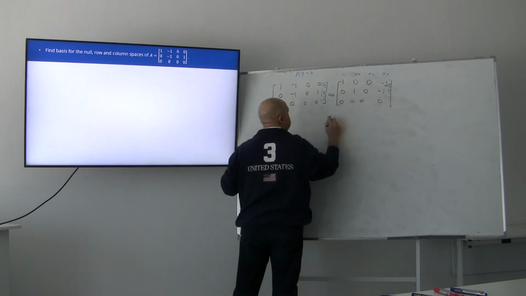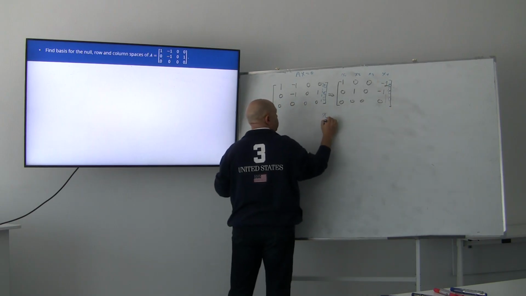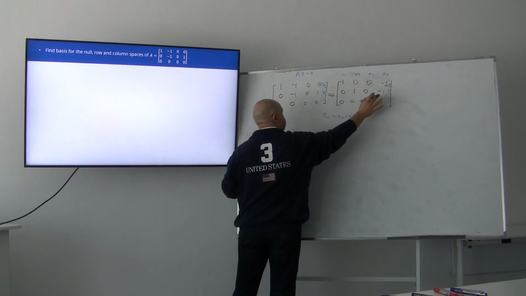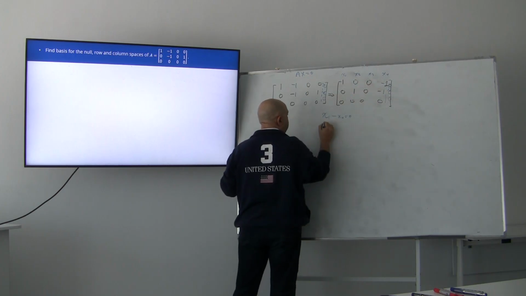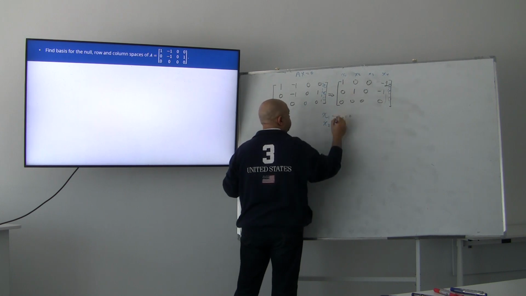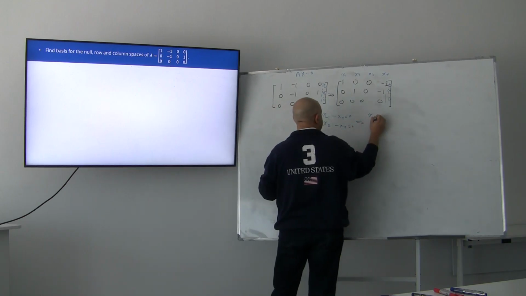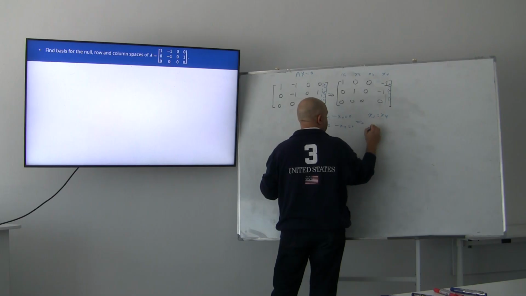Okay, exactly right. So I have x1 minus x4 equal to 0. That's the first relation connecting x1 and x4. The second one is x2 minus x4 equal to 0, which implies that x1 equals x4 and x2 equals x4.